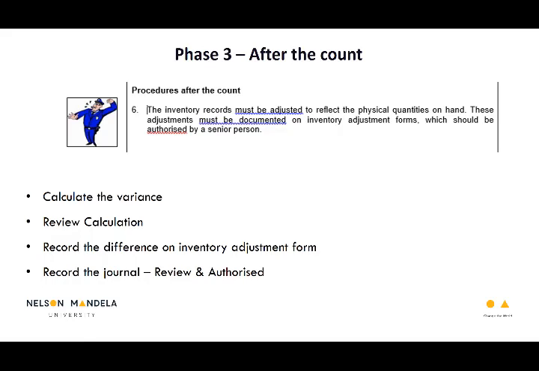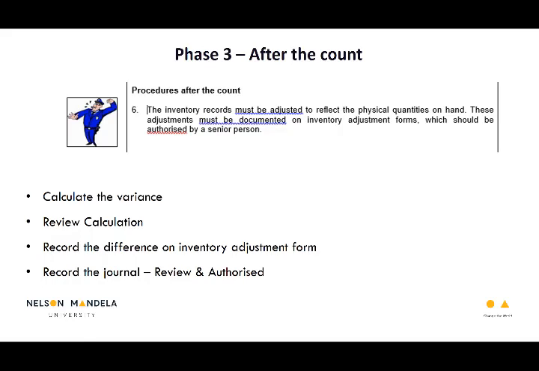An independent person then needs to review this calculation, and that review will be done by inspecting the stock sheets, making sure that the cut-off procedures were done so that all the sales invoices as well as the purchases were recorded, and then investigating that difference.